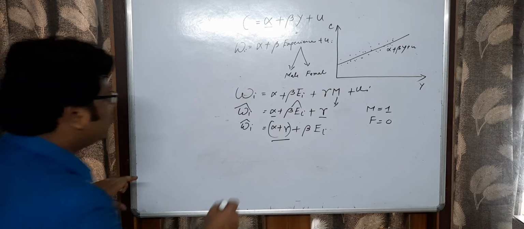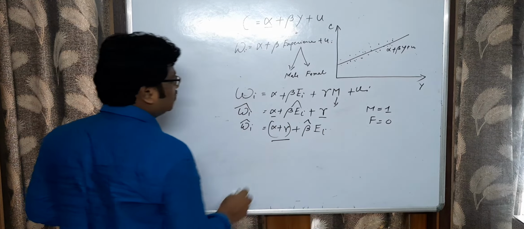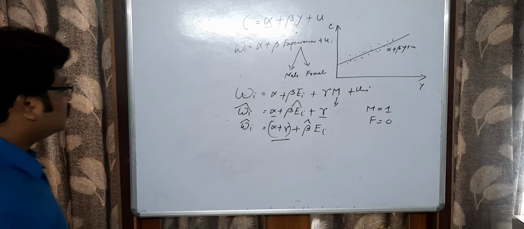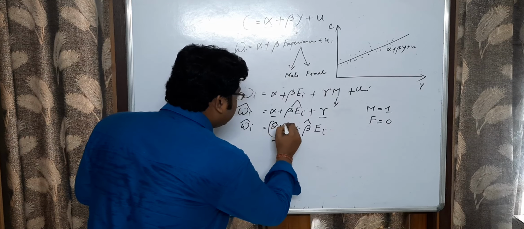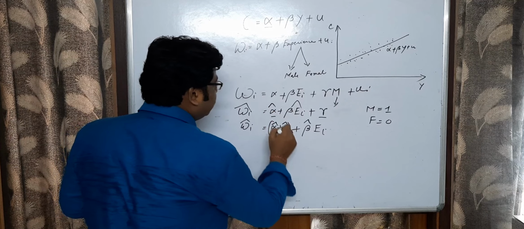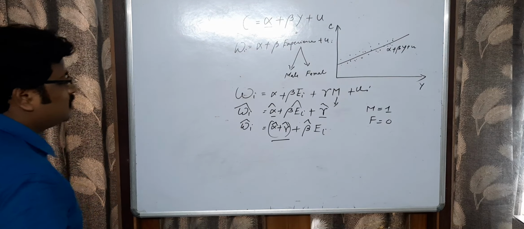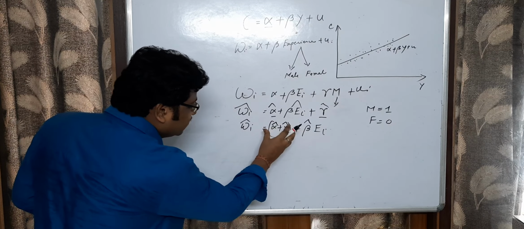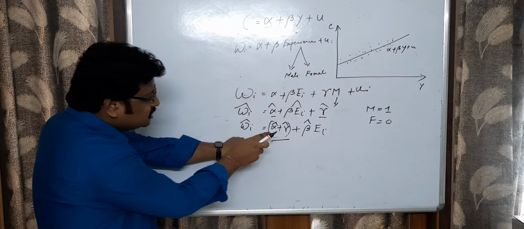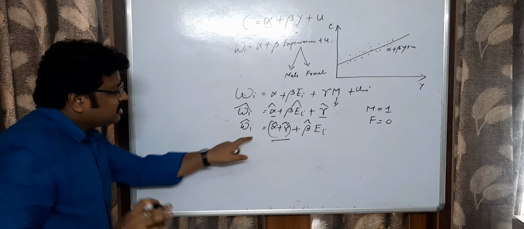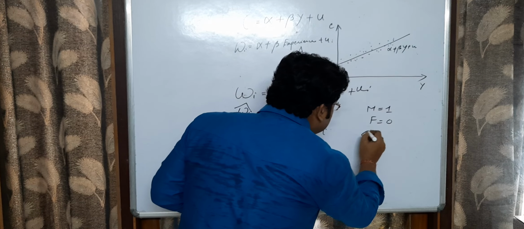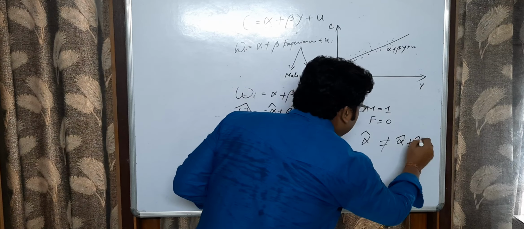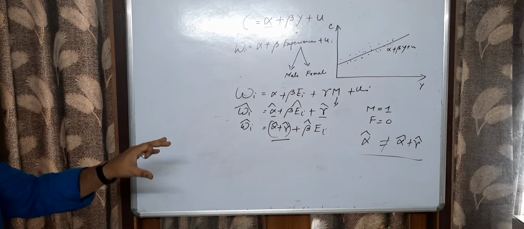So this is the beta hat, this is the alpha hat, and this is the gamma hat. So alpha hat plus gamma hat is the intercept. Here it is visually clear that alpha hat is not equal to alpha hat plus gamma hat.